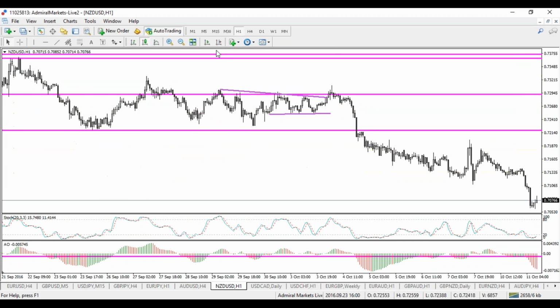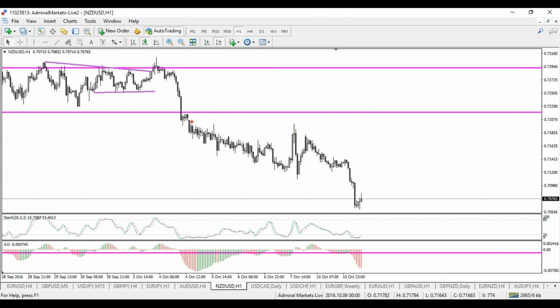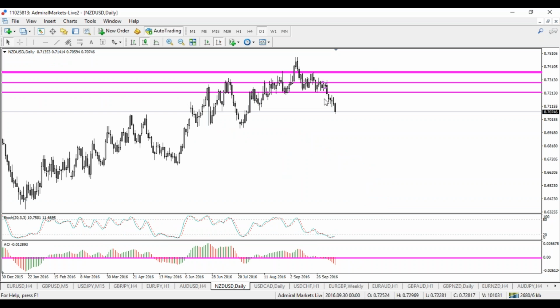Let's get rid of this quickly. But in any case, we did have a break, a pullback, and now we're continuing. So at this moment, I think that New Zealand weakness is kicking in pretty substantially here. There might still be a pullback, but I think that pullback is a rally to sell.